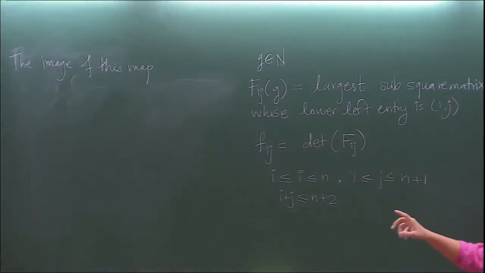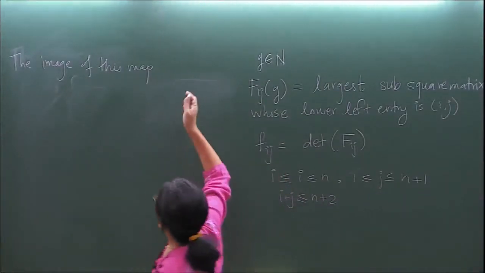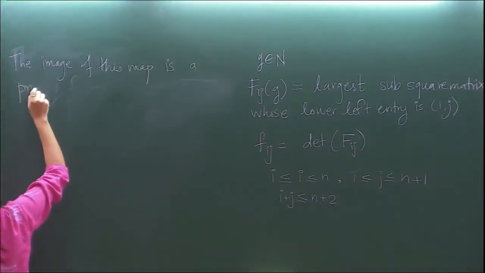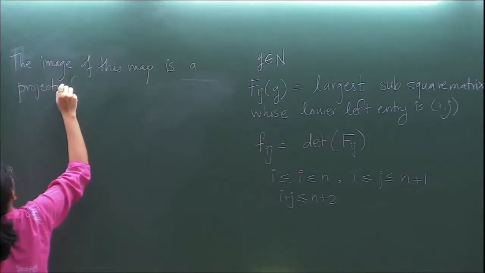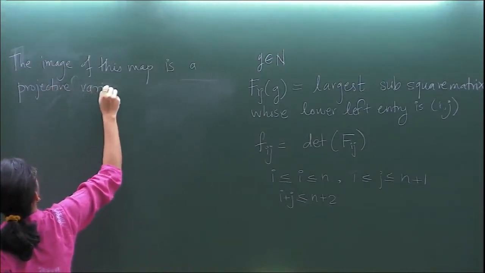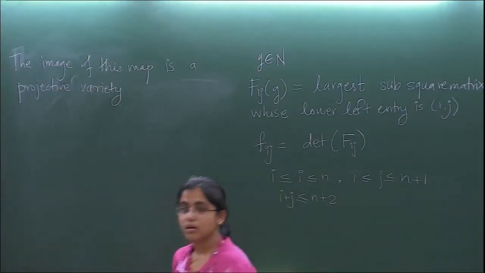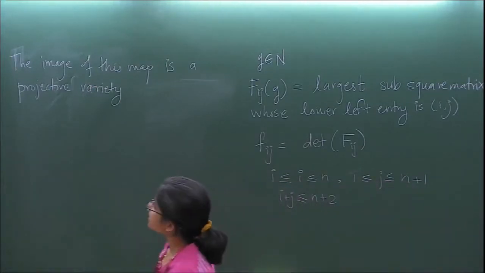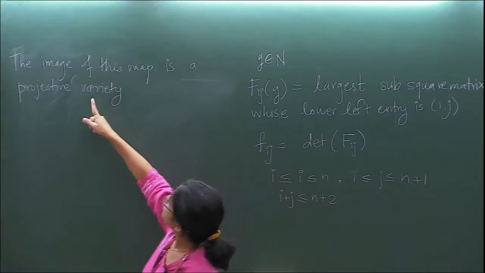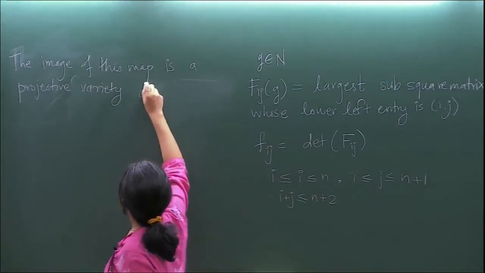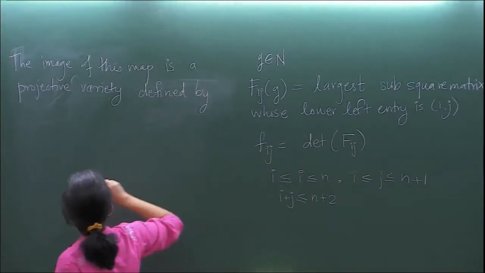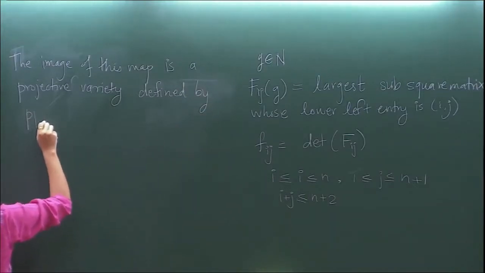Okay, so the image of this embedding is a projective variety, and it is defined by Plücker relations.